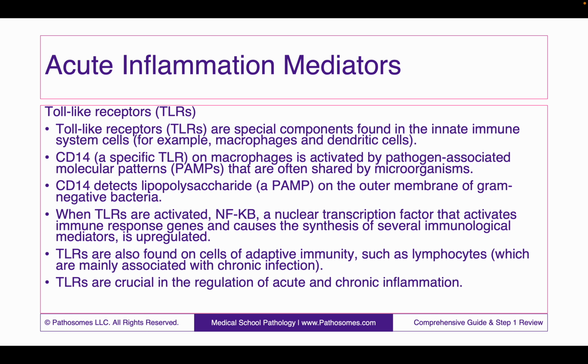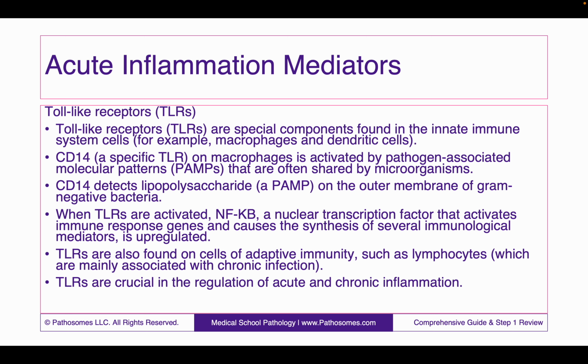Toll-like receptors are special components found in the innate immune system cells, for example, macrophages and dendritic cells. Macrophages are the cells that go around and eat debris and other degenerating cells. Dendritic cells have these extensions that help pass signals and communicate to inflammatory cells to let them know what they need to recognize to get rid of.